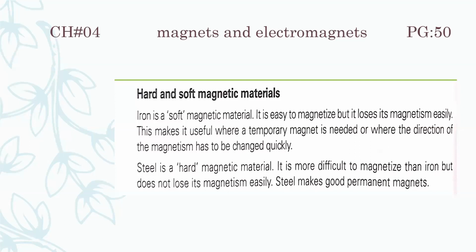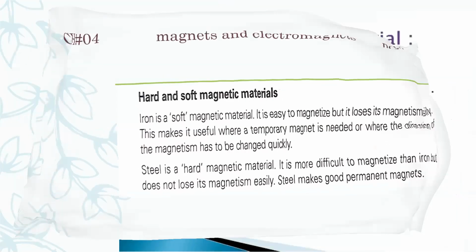So steel makes a good permanent magnet. If you want to make a good permanent magnet, you should use steel. Once steel becomes a magnet, it is quite hard to demagnetize because it retains its magnetic characteristic for a very long time.